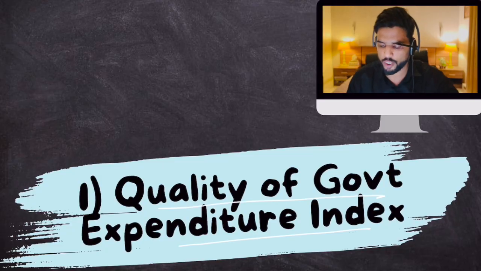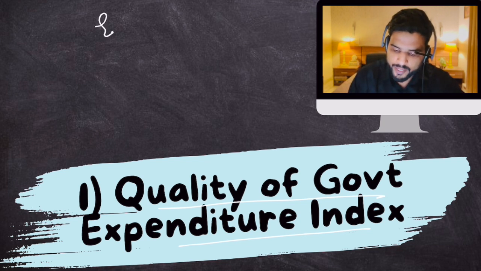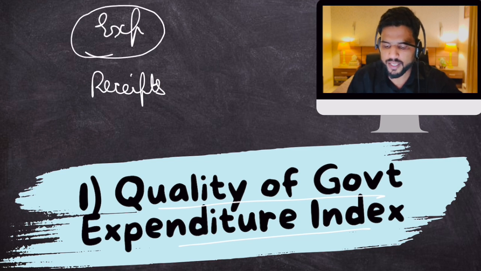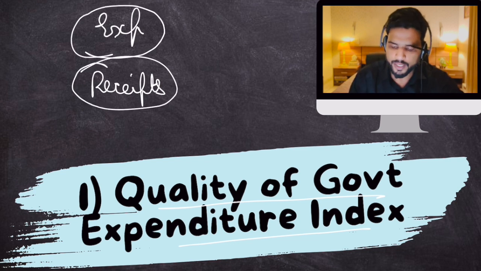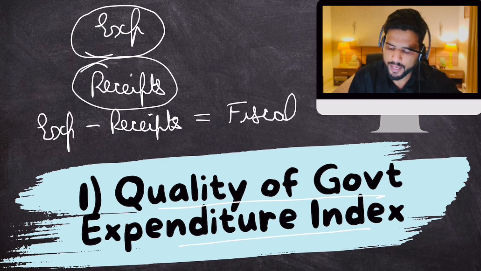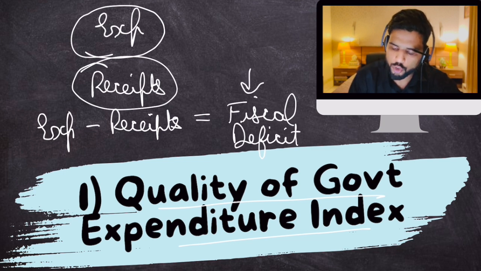So let's talk about this index that is released by RBI, Quality of Government Expenditure Index. Okay, now like I've mentioned before, government incurs some expenditure and government earns money through receipts. Now expenditure is more than receipts. Okay, so the difference between expenditure and receipts is fiscal deficit, and this deficit is fulfilled through borrowings.